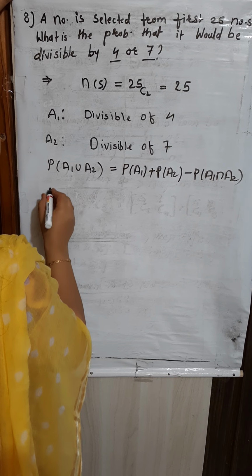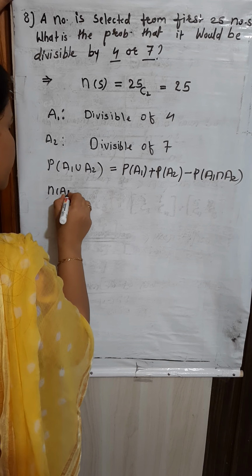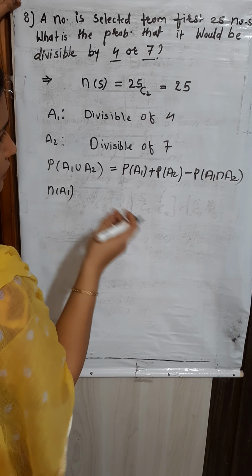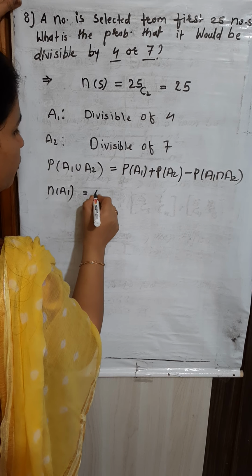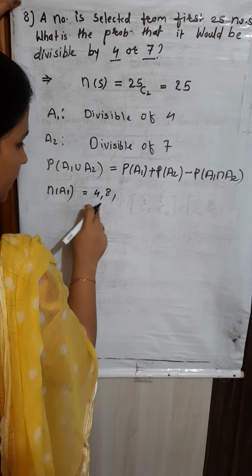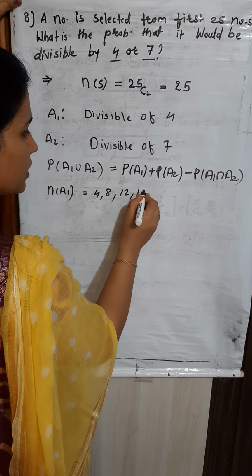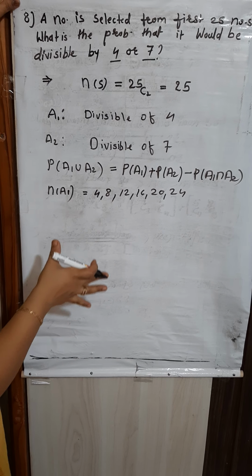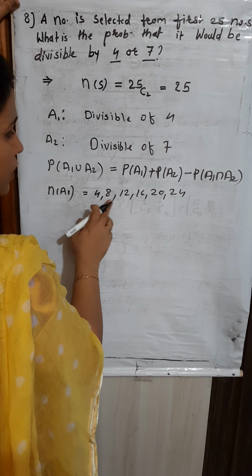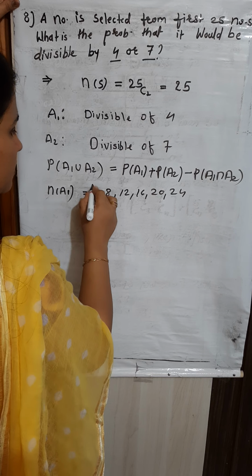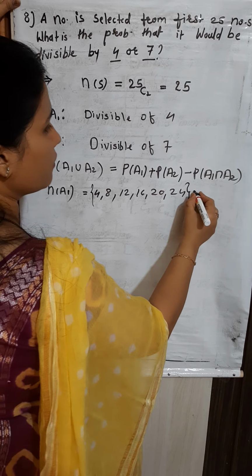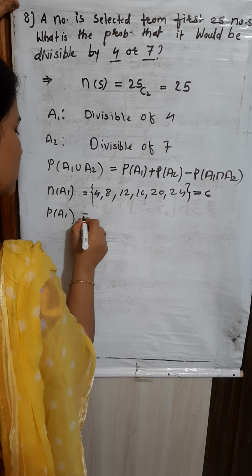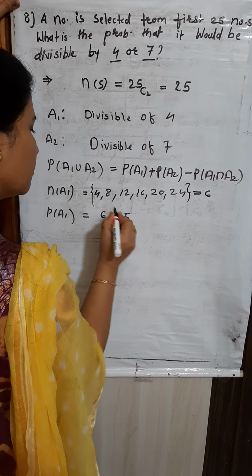So we'll write one by one. Probability of A1: we need to find first n of A1. 25 numbers are there, so how many divisible numbers do we get? If we write the table, we get 4, 8, 12, 16, 20, 24. These are the numbers divisible by 4 in the first 25 numbers. So 1, 2, 3, 4, 5, 6. So n of A1 is 6, and the probability of A1 is 6 by 25.